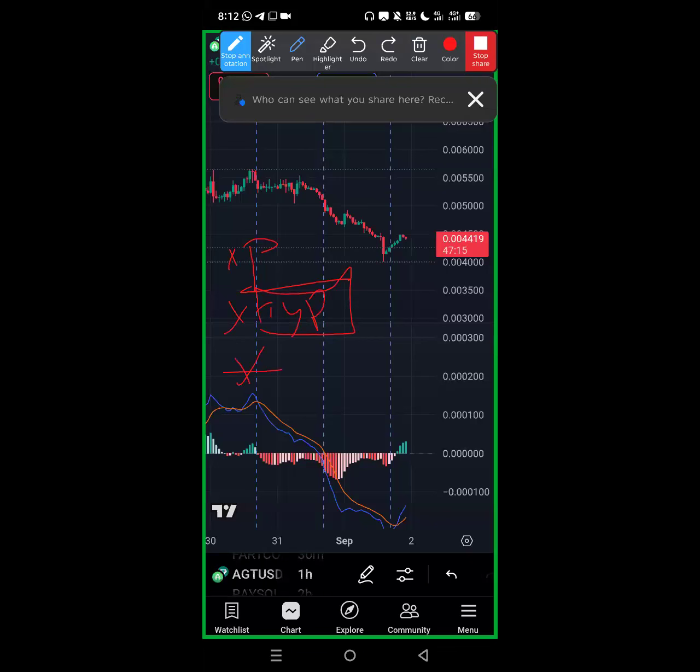Then three, you confirm the strength or behavior of the histogram. If it is a positive histogram, how are the sizes appearing? Is it progressively increasing? Is it the same size? Is it decreasing? That is important because it will help you determine how much TP you're supposed to take.